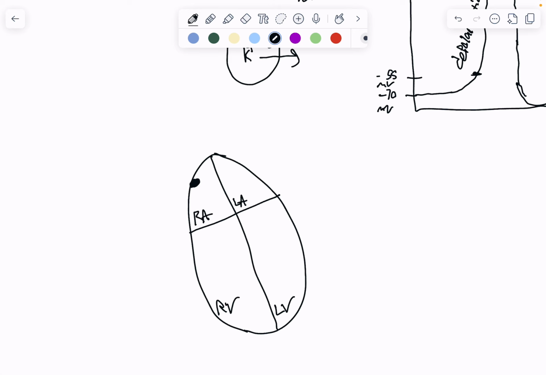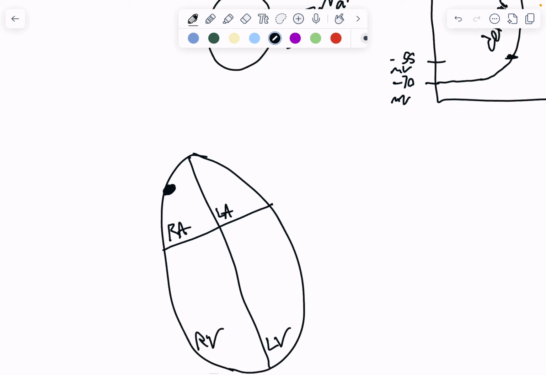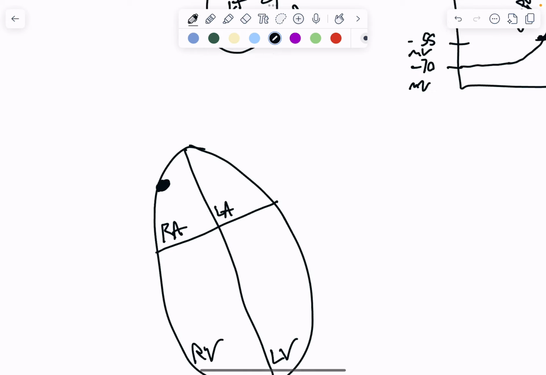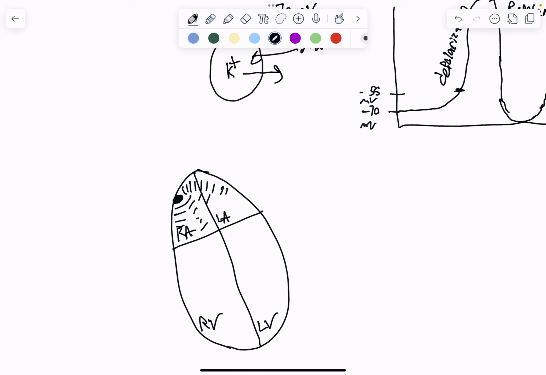And whenever it spontaneously depolarizes, it sends the depolarization signal to other myocardial sites through intercalated discs, and I'll kind of show later on how it does so. But it depolarizes, and it sends that signal to other myocardial muscle cells to cause contraction in the atria to flow into the ventricles.